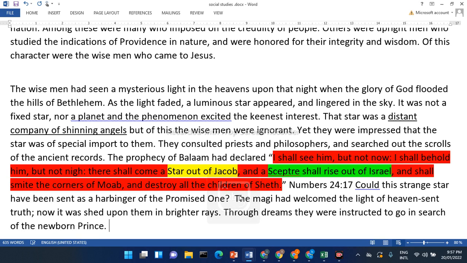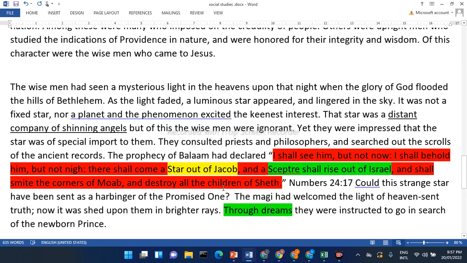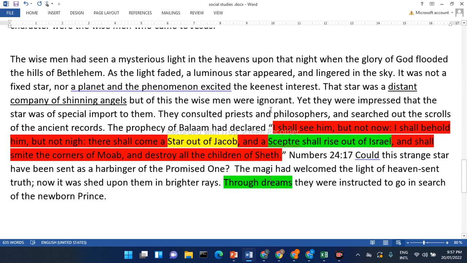And so the reason why they went is not only because they saw the prophecy and they were inquisitive, but also they were given indications by the providence of God through dreams that they must go and search for this prince.